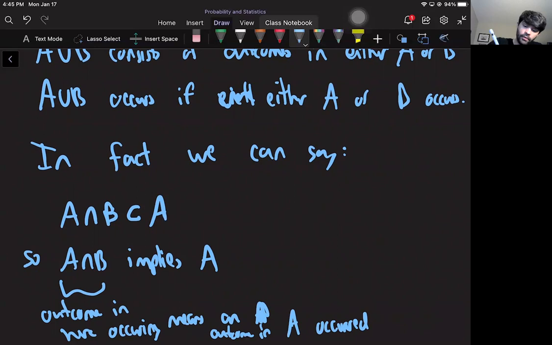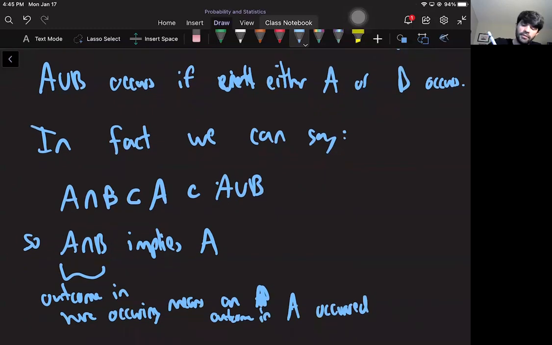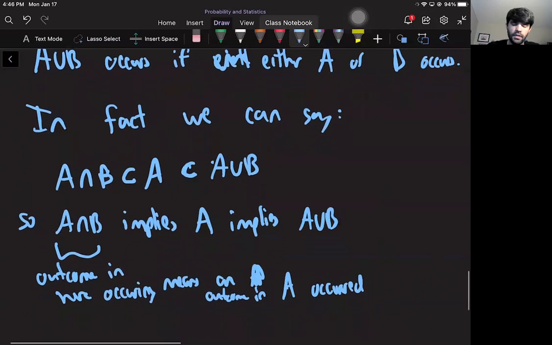But you can go a little bit further. You can then say that A is inside the union, because the union is bigger. It just expands upon whatever A is and adds more stuff to it from B. So then you could say A implies the union for the same reason.